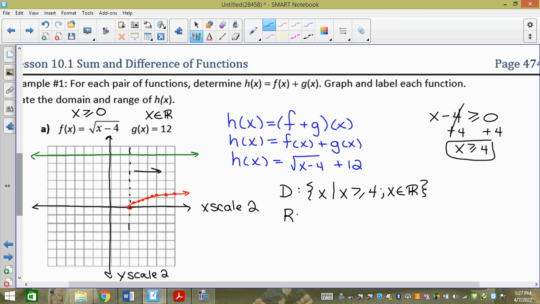Now you have to actually graph it to get the range. You can get your domain from where they both exist, but for the range you actually have to put the equation into your calculator. So type the h of x into your calculator: square root of x minus 4, and then plus 12.